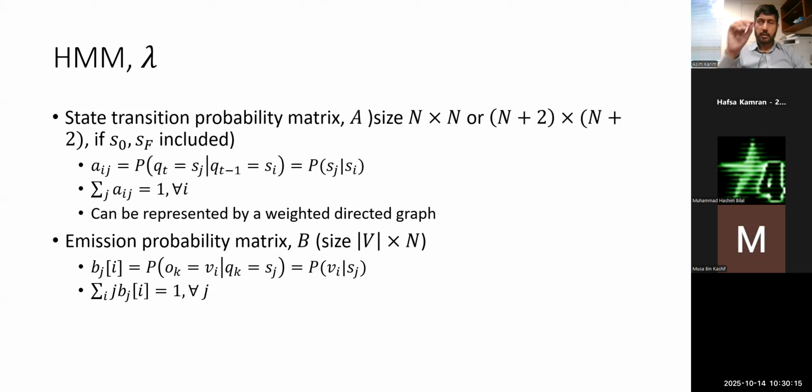This is a matrix for the variables Q. Remember, Q can take on states from S1 to Sn. Okay? And this matrix is of size n by n. But if you also include this initial state S0 and Sf, then of course this will be n plus 2 times n plus 2.